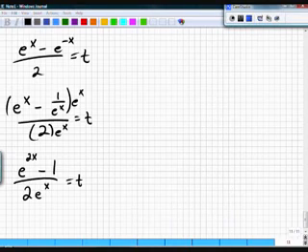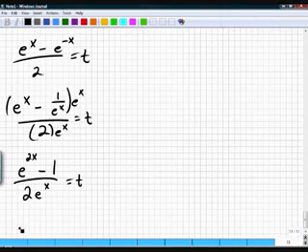Okay, next up, we're going to get rid of our entire fraction. We can move this 2e to the x over to the other side, so now we have e to the 2x minus 1 equals 2t e to the x. I'm going to move the 2t e to the x over here, and it's going to be a quadratic.